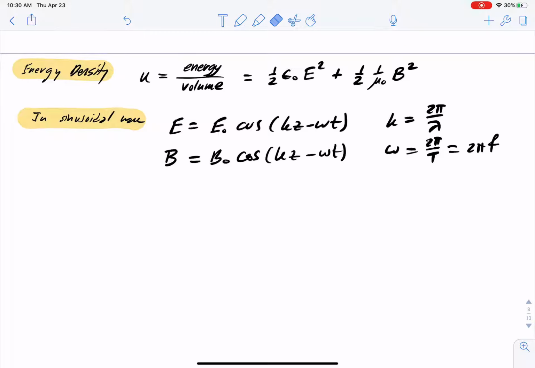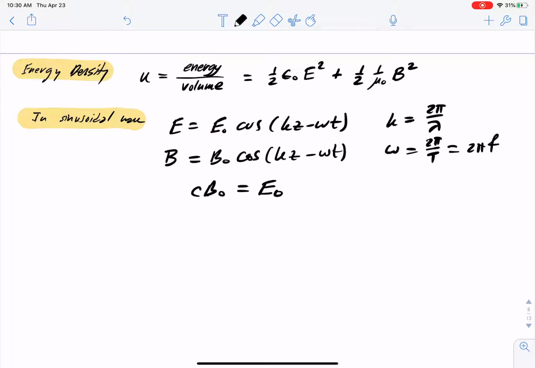Now, another thing that comes out of solving that equation is that you can't just take any amplitude for E naught and B naught. In fact, they have to be related. So the amplitude of the magnetic field is the amplitude of the electric field divided by the speed of light.